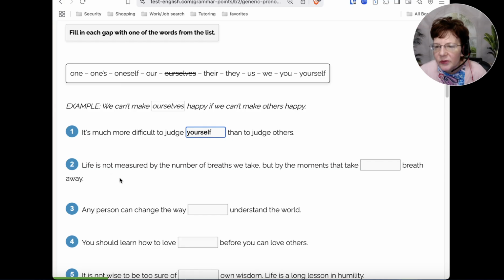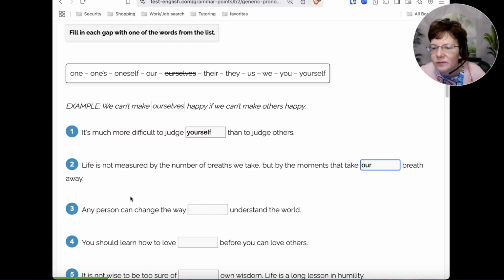All right, number two, life is not measured by the number of breaths we take, but by the moments that take whose breath away. So, okay, so you're looking at the pronoun we here, so that should give you a clue. So, one that refers to we, that would be our, right?